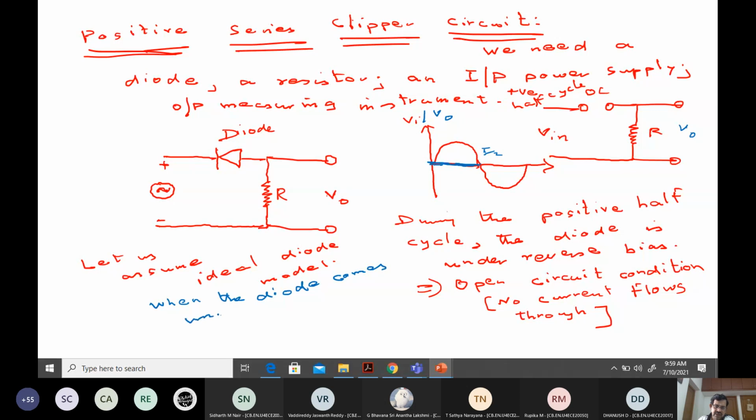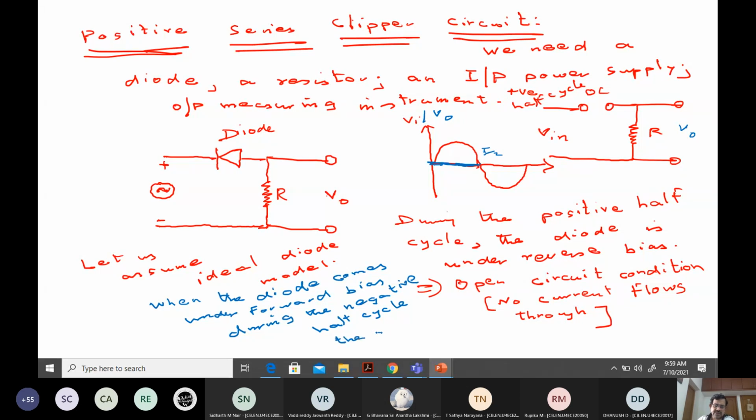When will it come under forward bias? It will come under forward bias during the negative half cycle. When the diode comes under forward bias during the negative half cycle.